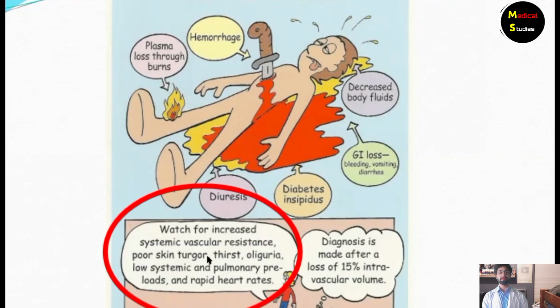Next is thirst, an important feature of dehydration again. As a result of severe vomiting and diarrhea, dehydration occurs, and that can result in hypovolemic shock. Next is oliguria. What do you understand by oliguria? I hope many of you know this word and are familiar with it. Answer in the comments: what do you mean by oliguria? Can anyone answer this question?